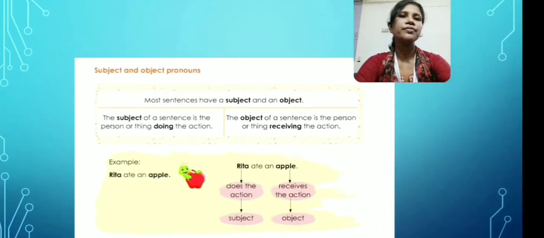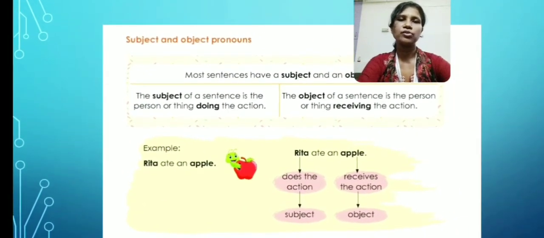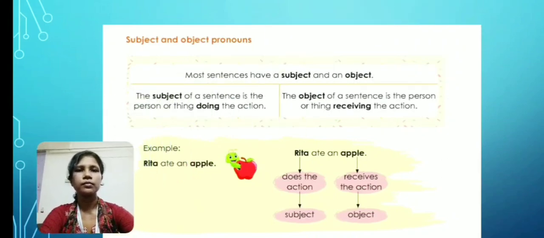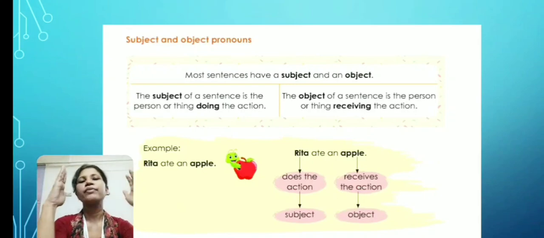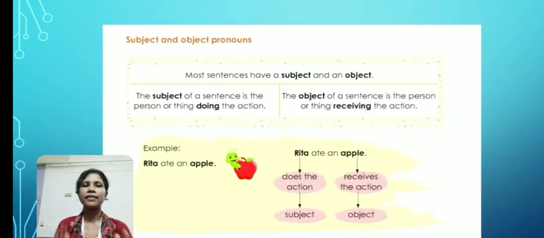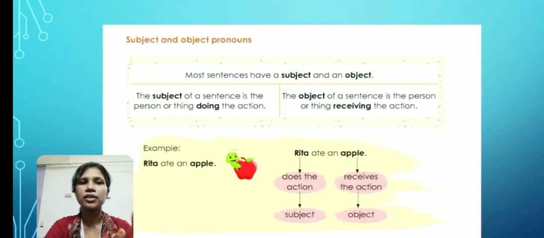Now pronouns are further divided into 2 parts, subject and object pronouns. So what are these? Here you can see most sentences have a subject and an object. As we know, whenever we write a sentence it has a subject and an object. So, the subject of a sentence is the person or thing doing the action.